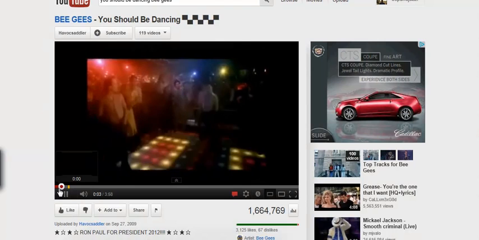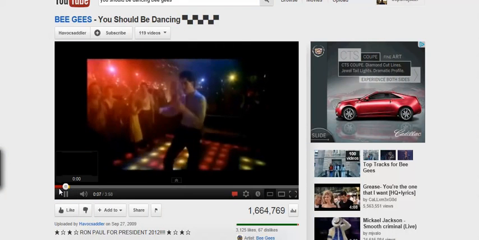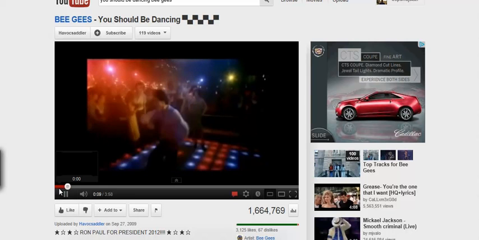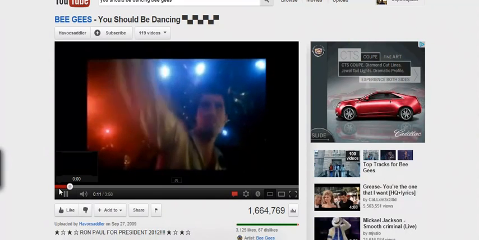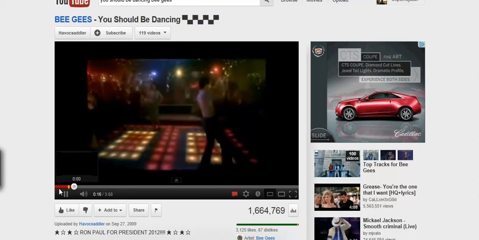Now don't roll your eyes. Look at his hand movements. These are very important, ladies and gentlemen.